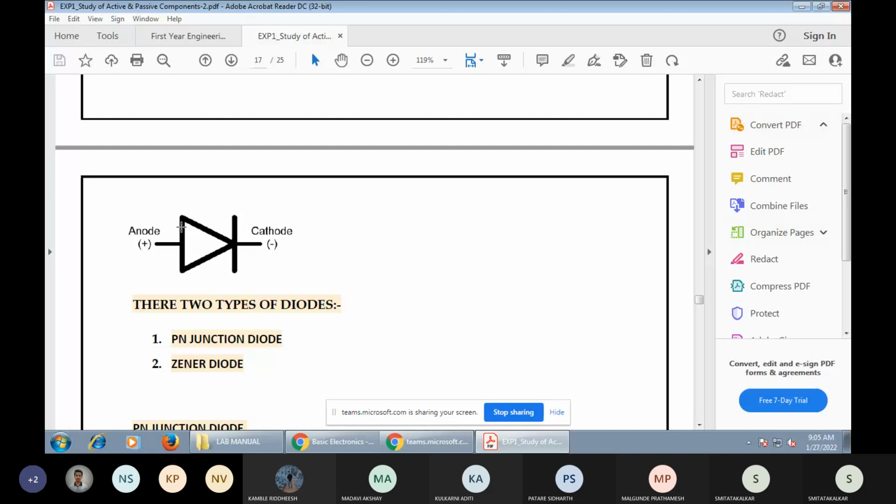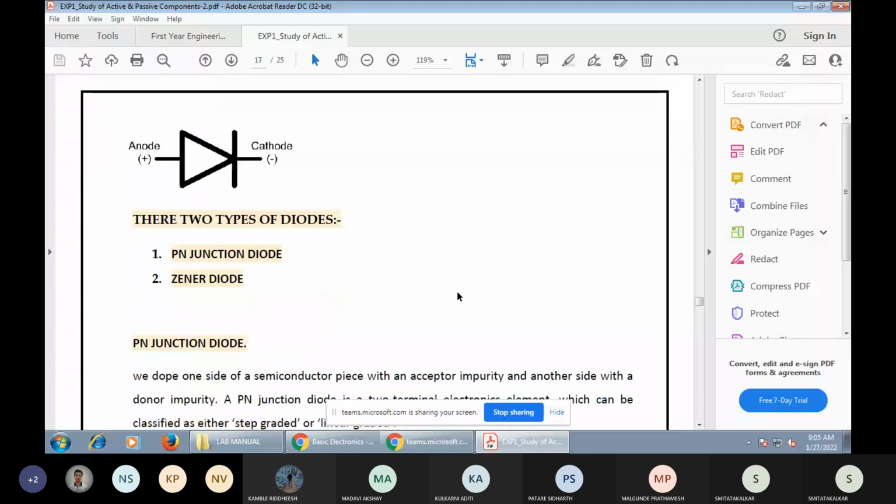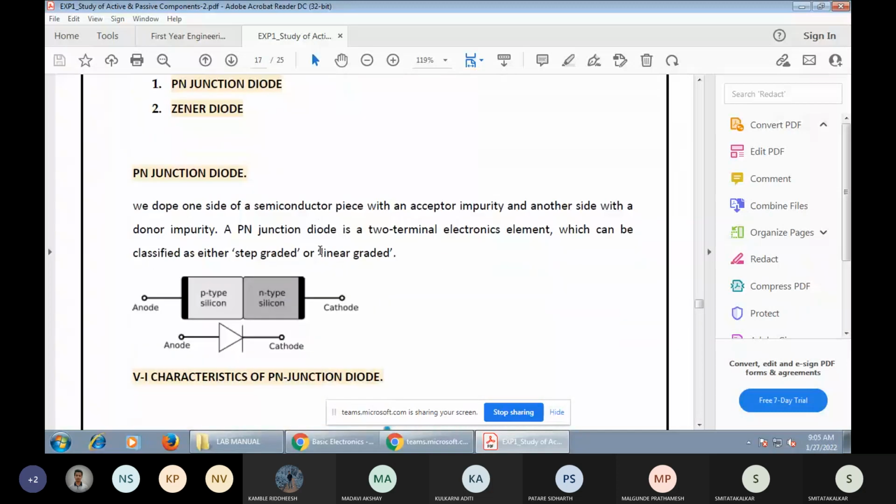Here you can see the polarity and the symbol. Then the PN junction diode is a two-terminal device with one junction formation. If electrons move from the n region to the p region and combine with holes, a positive charge is generated in the n region.